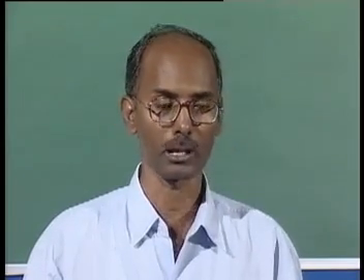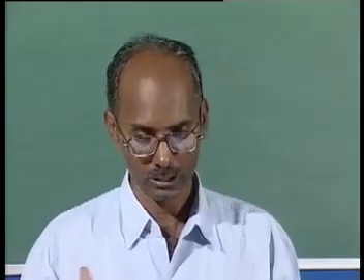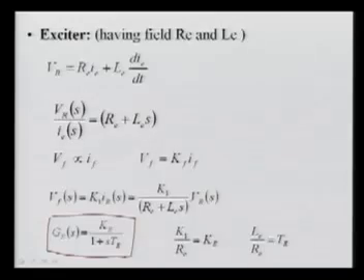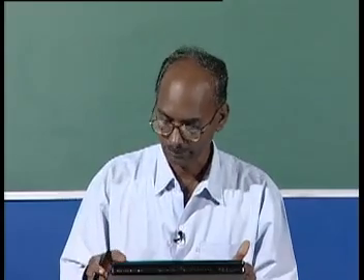So this is a simple model so that we can see the static as well as the dynamic performance of this AVR loop. However, for detailed modeling, if you are using computers, then you can go for all the effects, that is non-linearities, limiters, as well as the saturation effect.